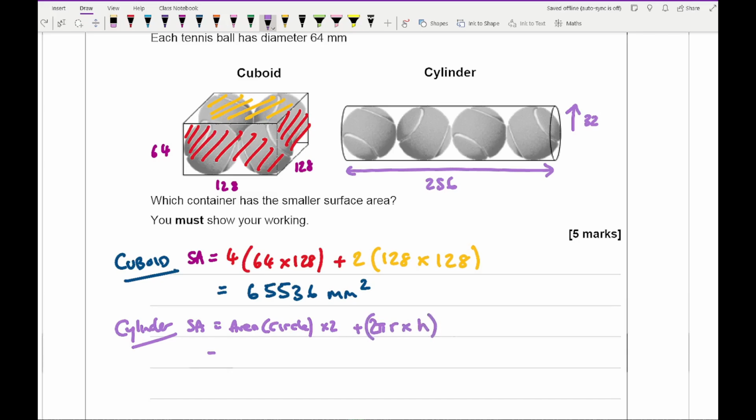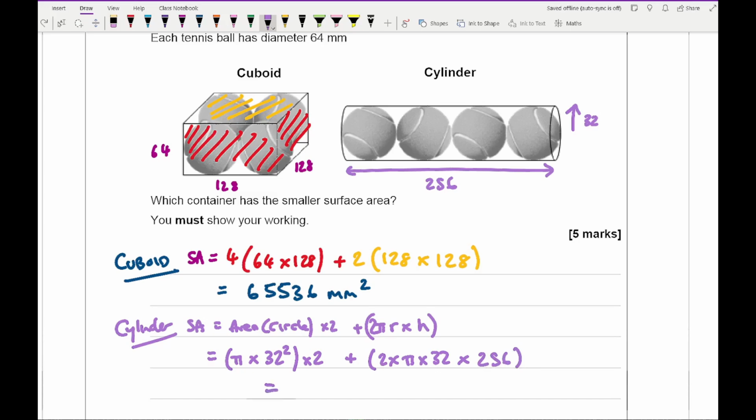So substituting those numbers in, I get pi times the radius squared, which is 32 squared, times 2 plus 2 times pi times the radius, which is 32, times the width or the length or the height, whichever you want to talk about, is 256.